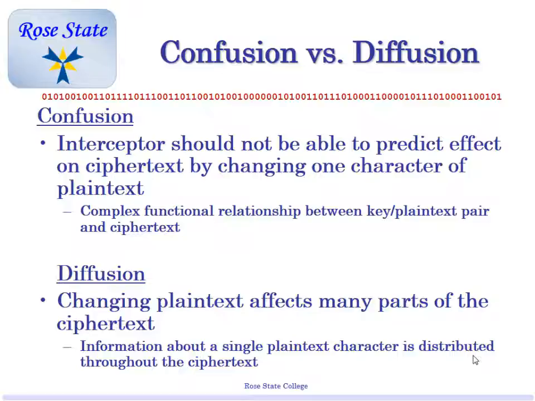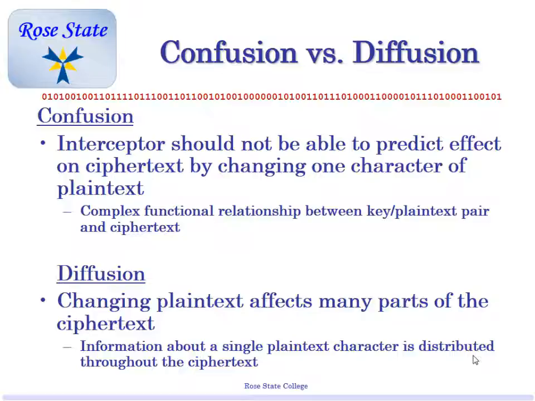Also diffusion, if I change one character, it should affect multiple parts of the ciphertext. You do not want it where if I take my plain text and change one character, it changes one character in the ciphertext, and it's always the same character. You don't want that. You want it so that if I change one, it changes multiple different values in the ciphertext. We'll see examples of that when we start doing AES and stuff like that.